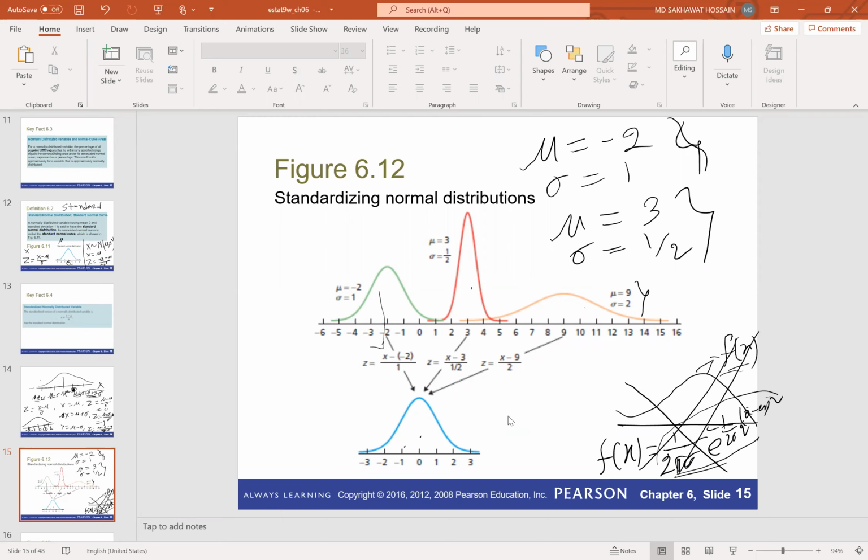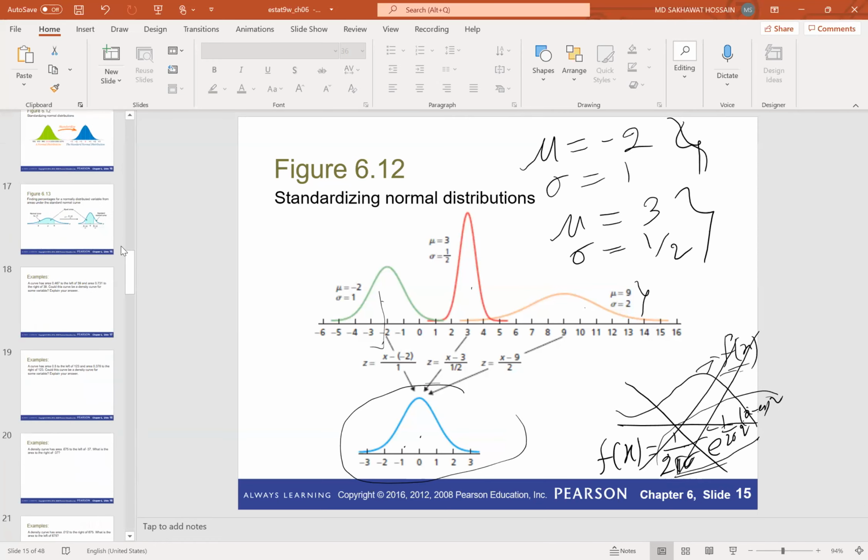So instead of directly calculating the probability from the density function, we standardize all the normal distributions to a standard normal distribution. And for the standard normal distribution, all the areas or probabilities are known. If you have heard about the normal chart, or I can just show you.